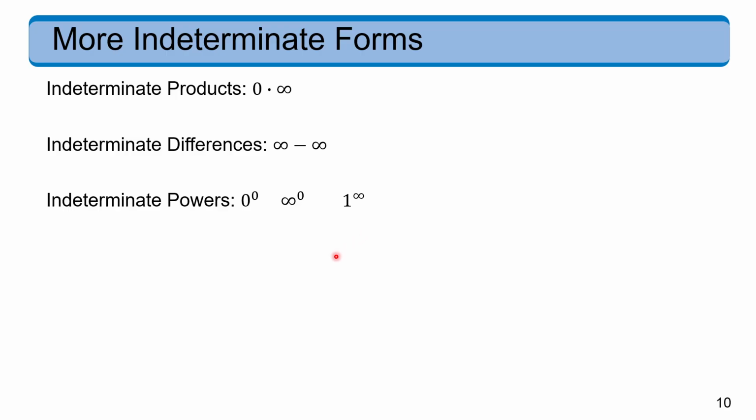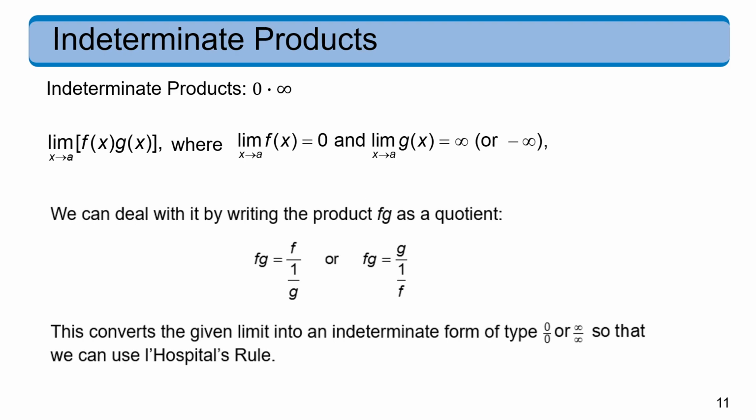So now we're going to go through these different types of indeterminate forms and learn the methods that can be used to convert these into a form where you can use L'Hopital's rule. Let's start with the indeterminate product, 0 times infinity. So here you'd be considering the limit of some product of two functions of x, where one of the functions' limit is 0 and the other is tending towards plus or minus infinity.